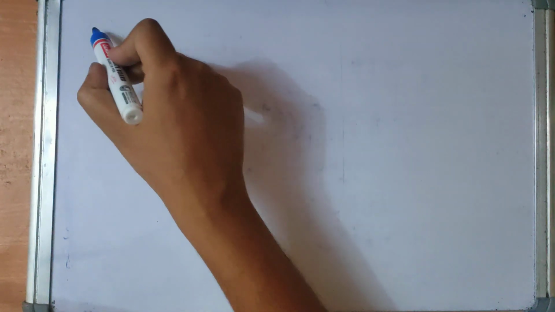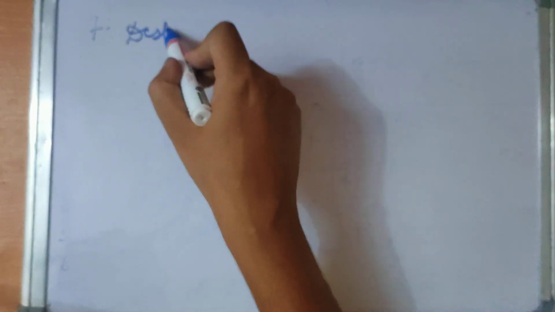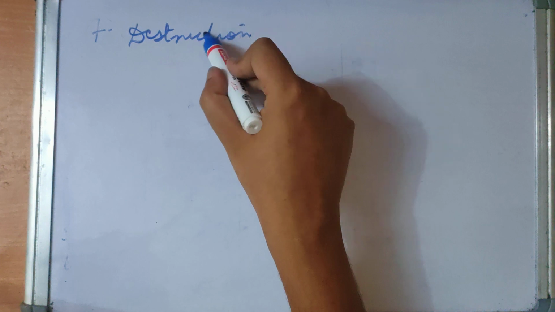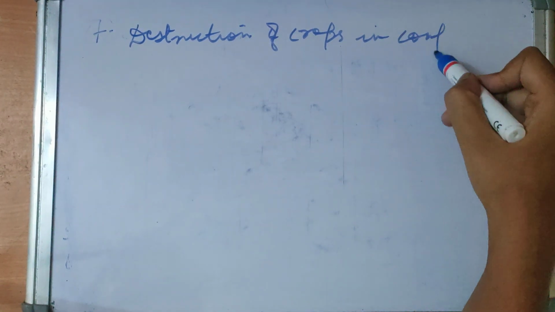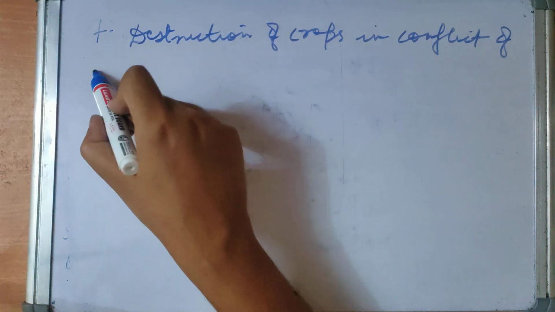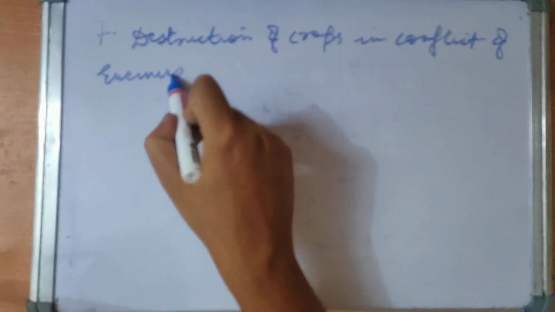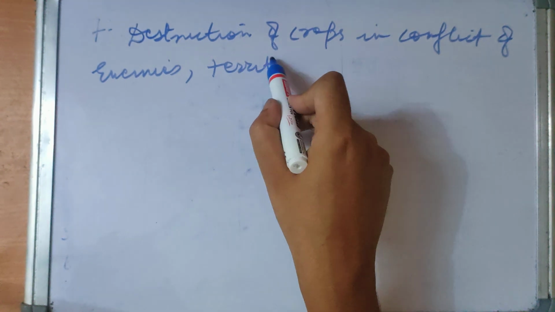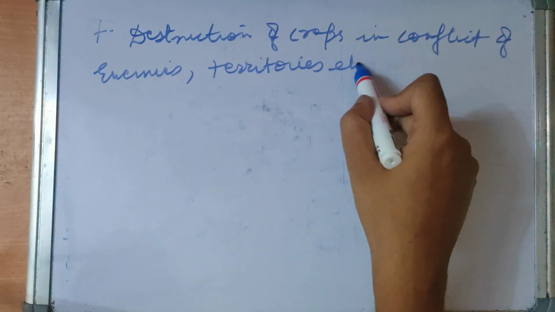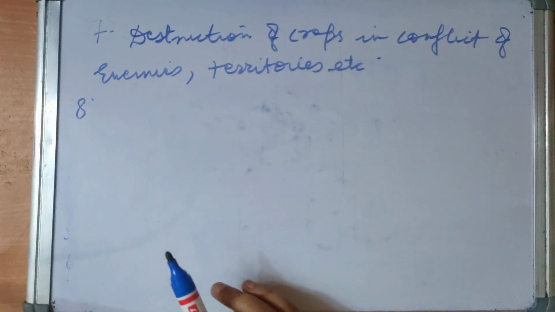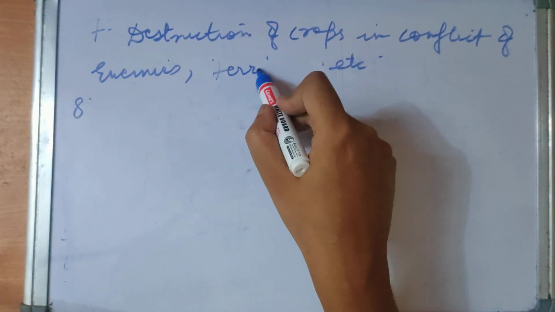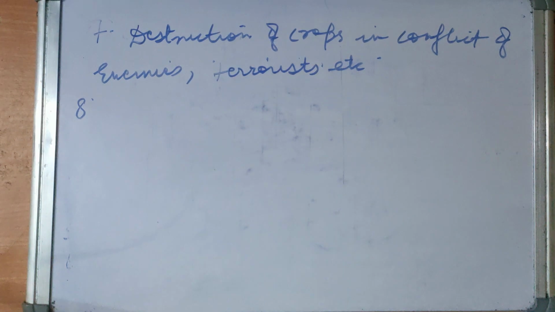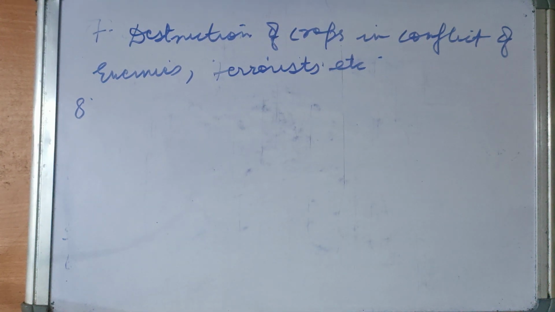Number 7, destruction of crops in conflicts by enemies, terrorists, etc. Unmonitored nutrition programs.